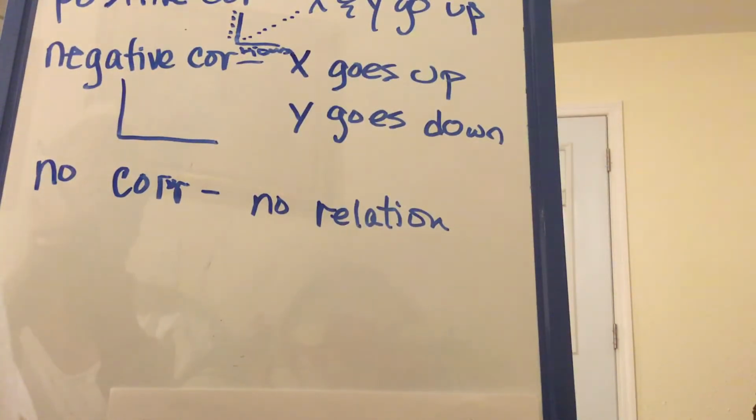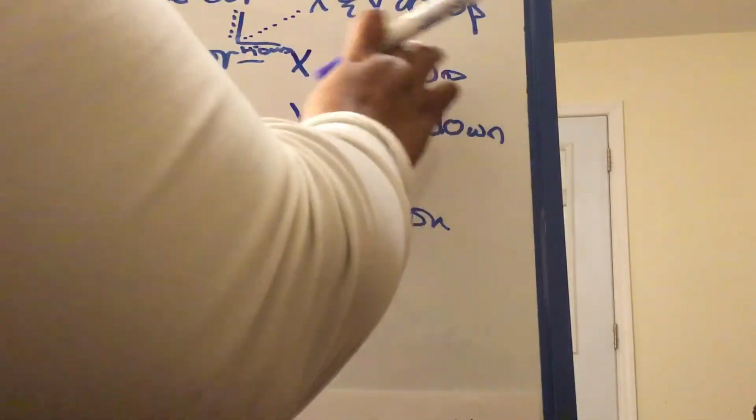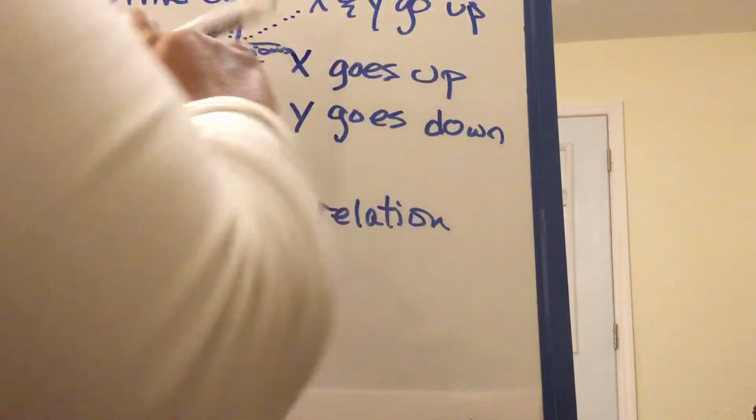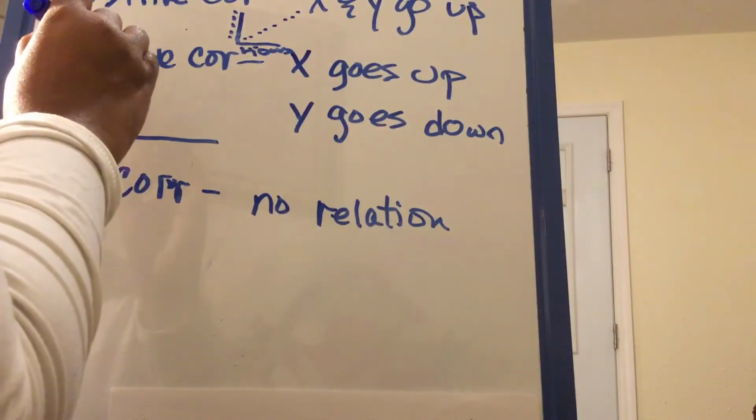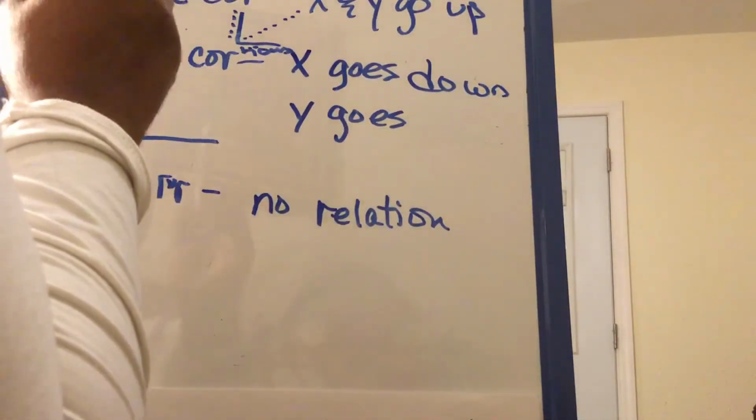Here, it's a negative correlation. So this is like x goes up, y goes down. I always get this mixed up. Did I do it right? I did it right.